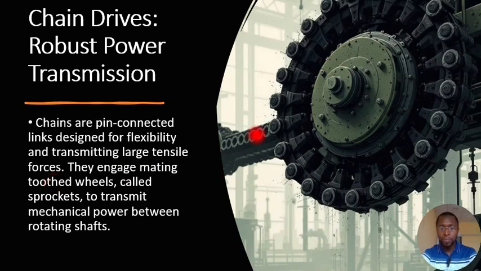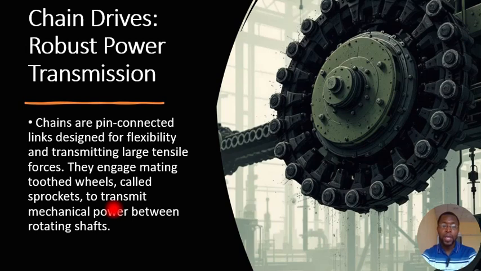So with this, the pin engages with the teeth of the shaft, and in that case, it gives a firmer connection with the shaft than the belt drive, and helps in transmitting higher power than that of the belt drive.